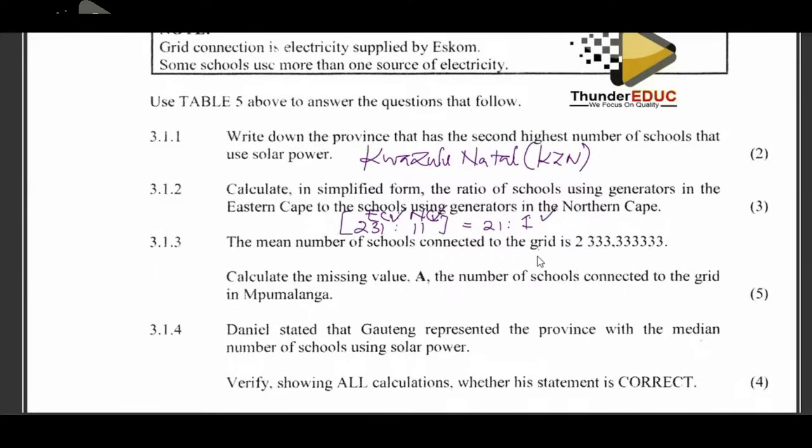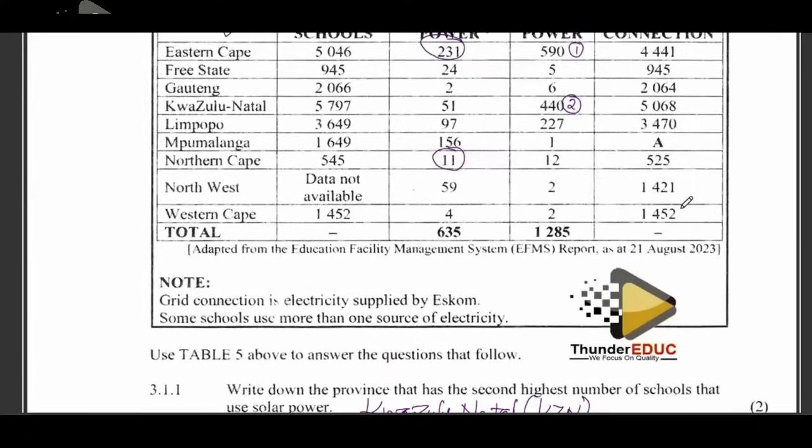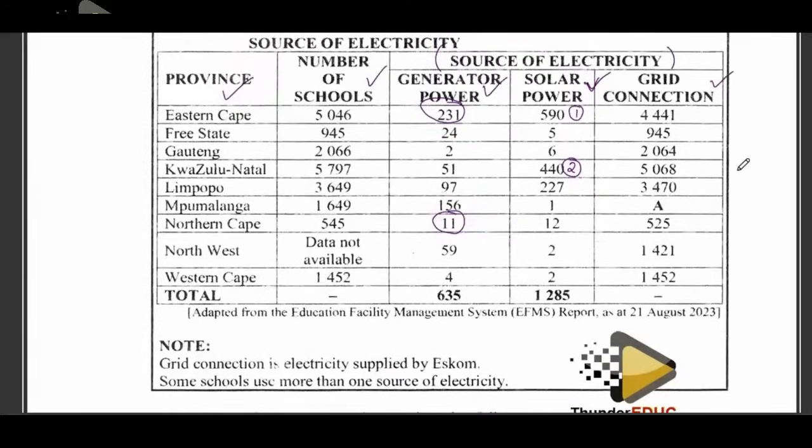Okay, here we go. The mean number of schools connected to the grid is 2,333,3333. You see that? These are commas. So, calculate the missing value A, number of schools connected to the grid in Mpumalanga. So, A is missing.